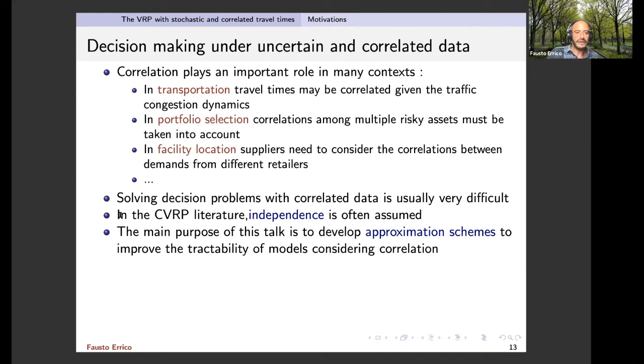Particularly in the vehicle routing problem, there is not a lot of work done on assuming correlated data. So the main purpose here is to consider them and to develop an approximation scheme. Sorry for the repetition.